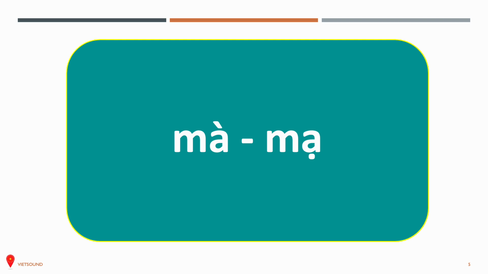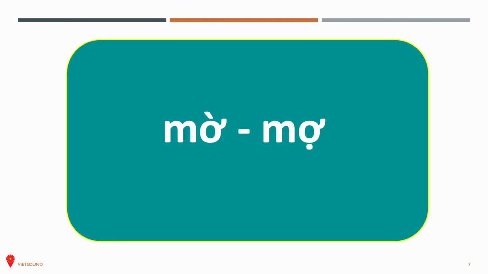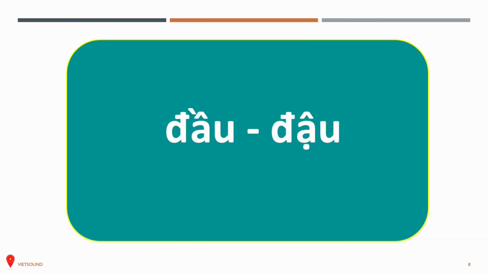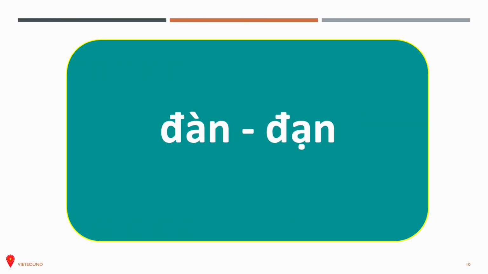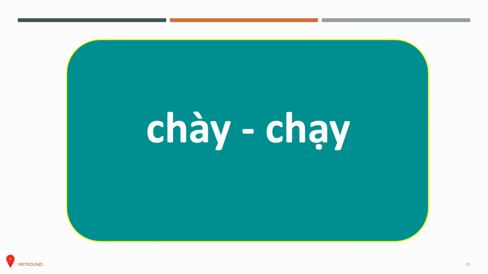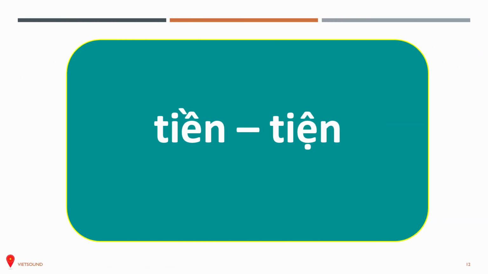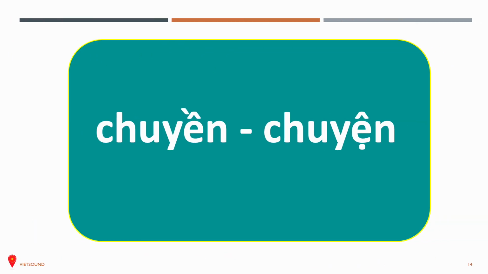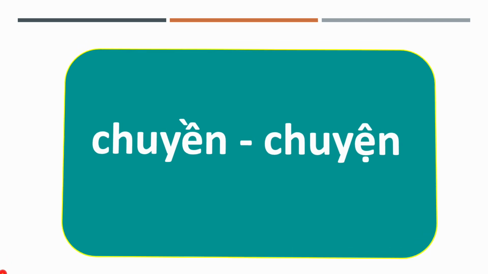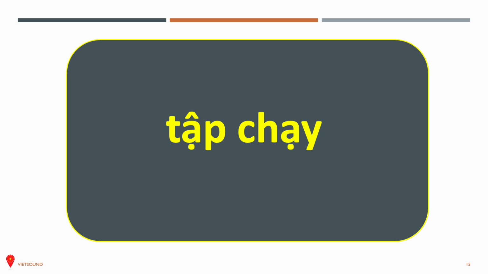The first pair of words is ma, mạ, cò, cọ, mờ, mợ, đầu, đậu, kiềm, kiệm, đàn, đạn, chạy, tiền, tiện, còng, chuyện, tập chạy.